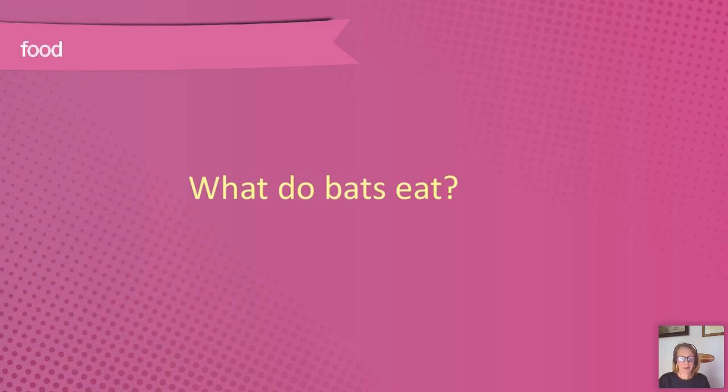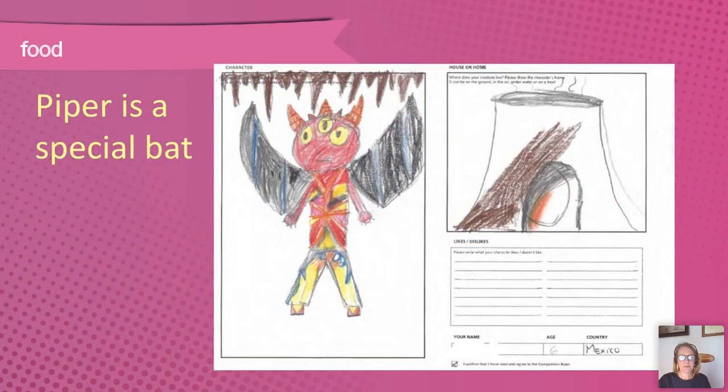So as you can see, Piper is a very special bat, and I think Piper and I would get on very well because I love cake. Piper is a very special bat, not only because he likes cake. He was invented by a student in Mexico.